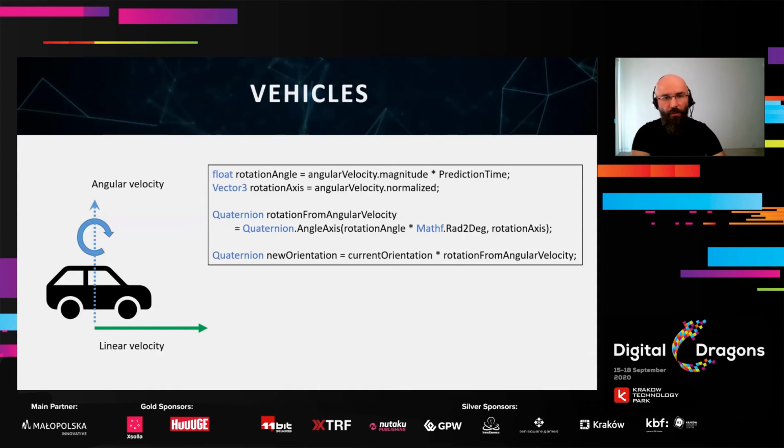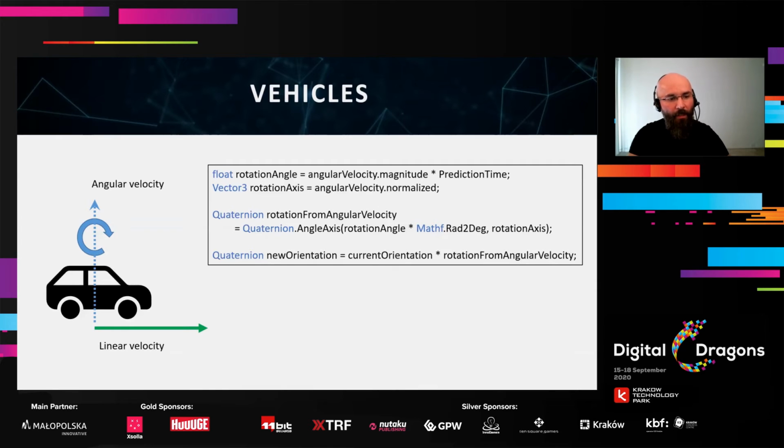And here is a very simple way how we can apply a rotation change from angular velocity to our current rotation. So rotation angle and rotation axis is extracted from angular velocity.